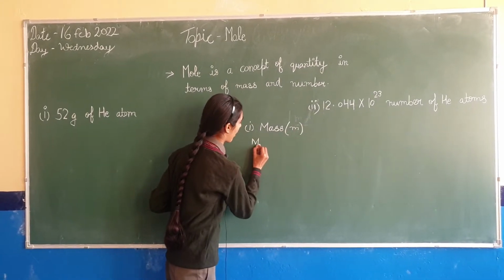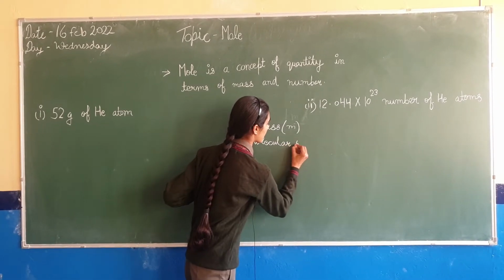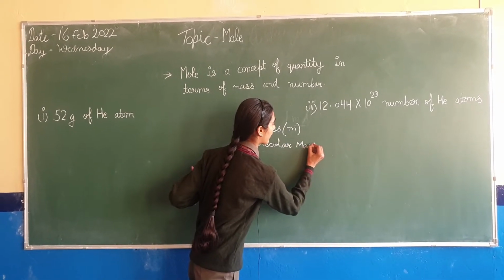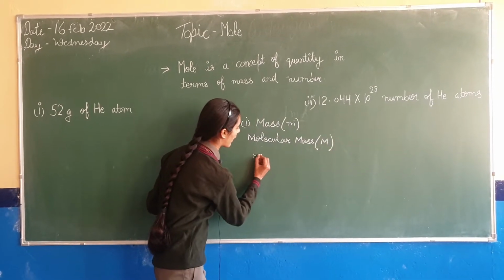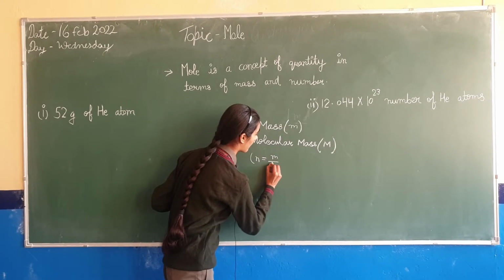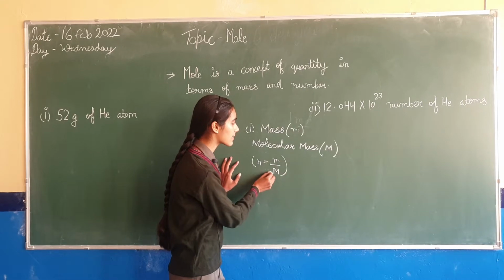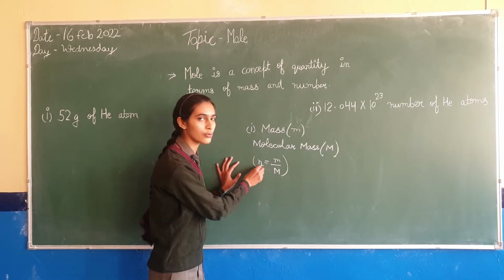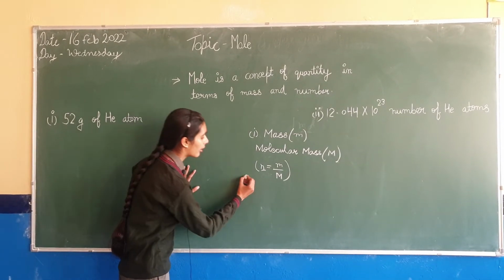Second is molecular mass, and we will represent molecular mass by capital M. From this, the formula to find the number of mole is small m divided by capital M. This represents mass of the element, this represents molecular mass, and this is the number of mole. This is our first formula to find out the number of mole.